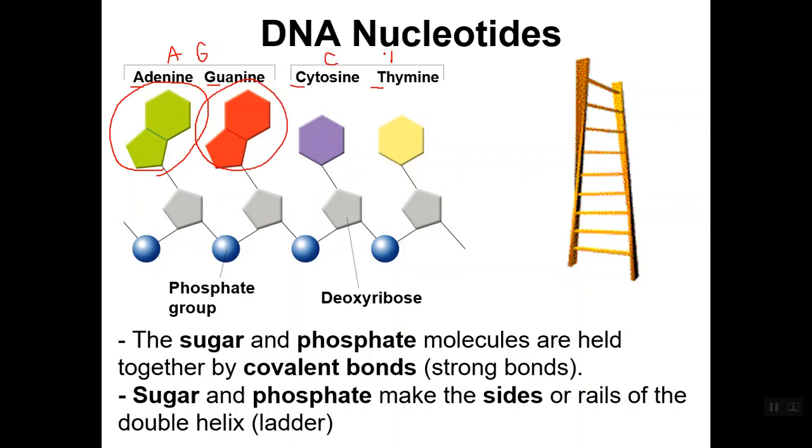So the C and the T, if you look here, are actually just single ring structures. You don't have to memorize this at all. It's just kind of an interesting thing to note. The A and the G, with their bigger size, are called purines. And the C and the T, with their smaller size, are called pyrimidines.